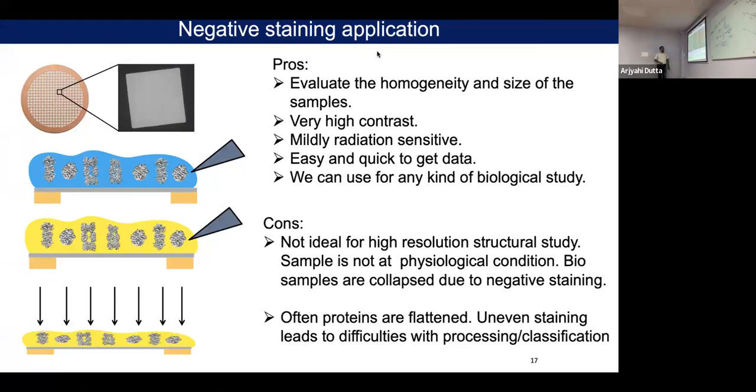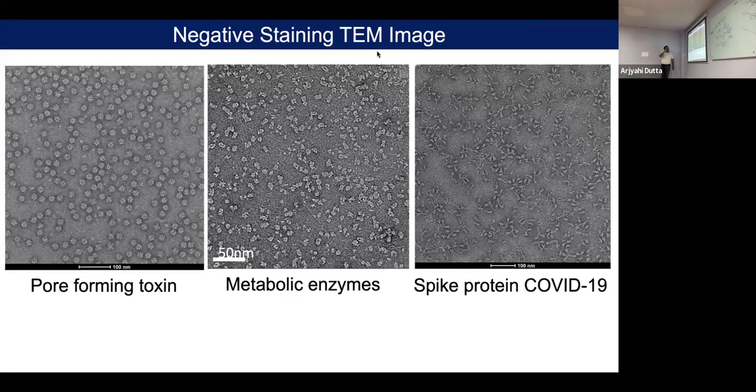Water is going out. Now here you can see some of the images we collected in our facility. One is a pore-forming toxin, since I told you we are interested in host-pathogen interaction. There is one of the pore-forming toxin images. This is one of the metabolic enzymes. Those white spots are the particles here.